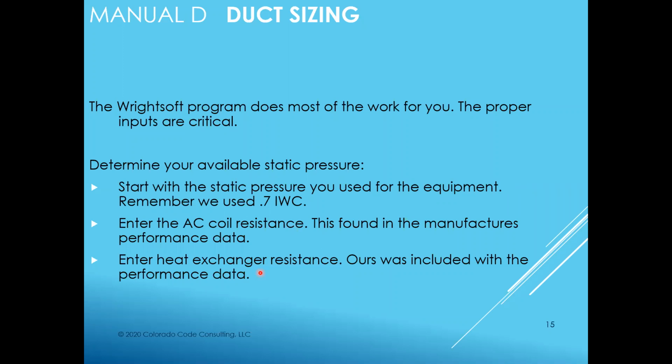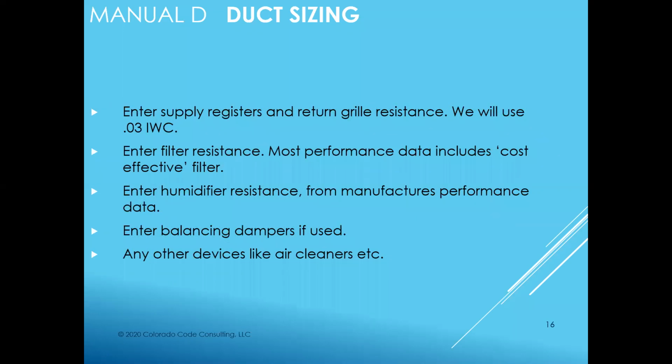For this furnace, the heat exchanger was already in the furnace when they did the testing, so we don't have to add it. If this was simply an air handler, we would have to add any coils that were added into that unit. In this particular case, we don't have to because it was already in the unit when it was tested for airflow, CFM. Then we would enter our supply registers and return grille resistance, because we're putting it in the way.